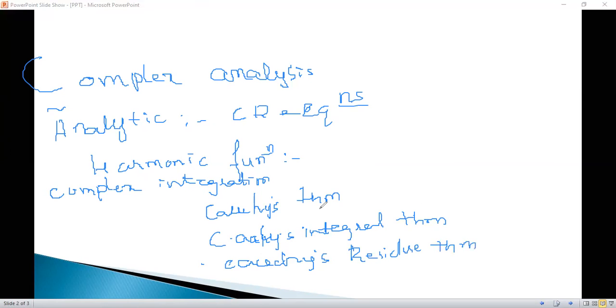We have discussed the statement of Cauchy's theorem and then Cauchy's integral theorem. These are the theorems we will use while finding the integral values.